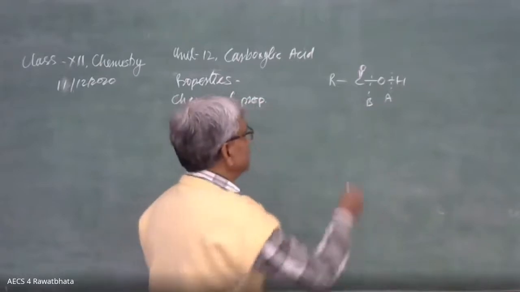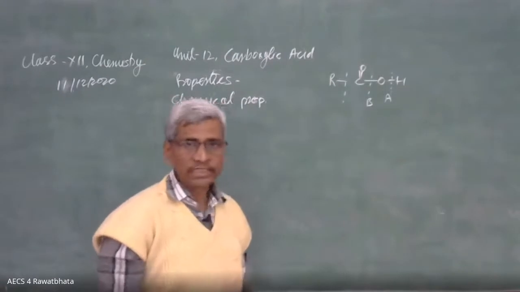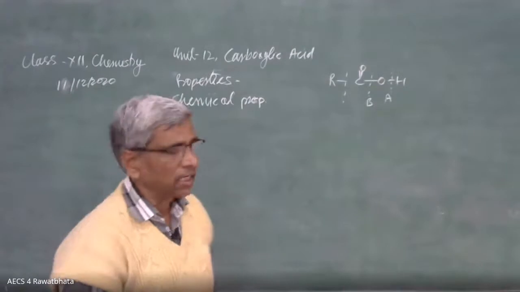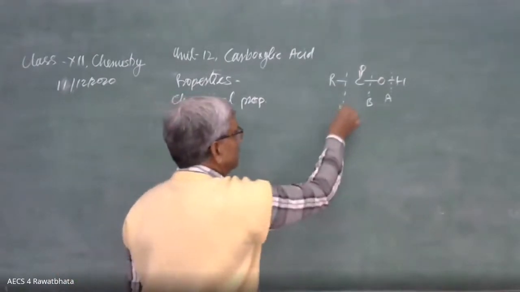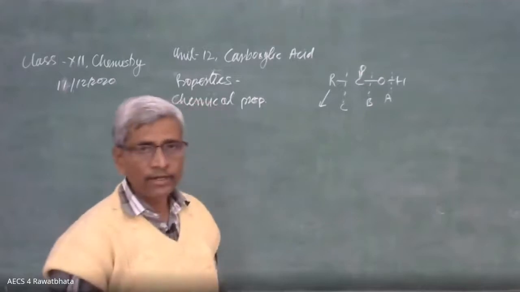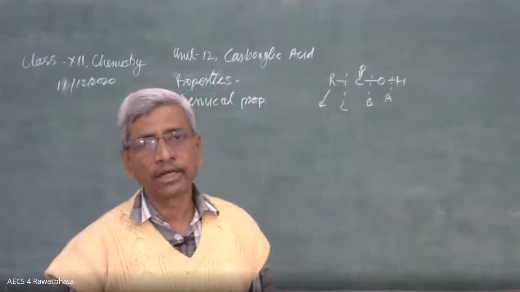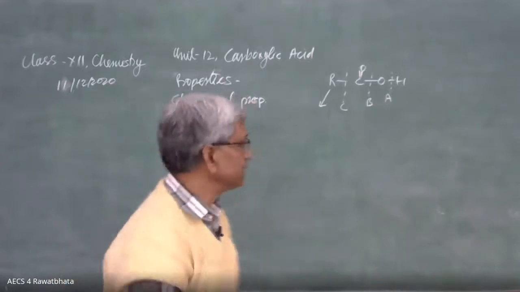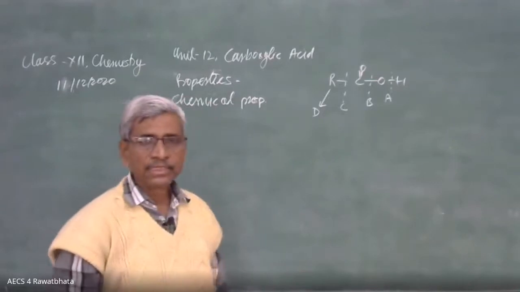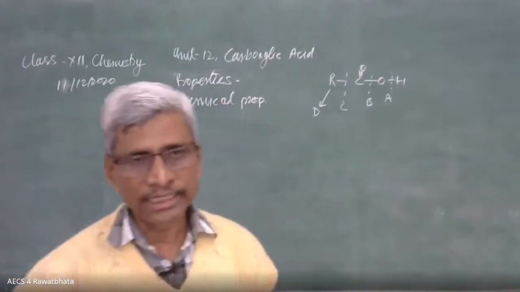And another, reactions involving the complete COOH, decarboxylation, such types of reactions, that is the C type of reaction. And the fourth type of reaction is where either the alkyl group in aliphatic or the aryl group in aromatic carboxylic acids participates. That is the D type. These are the 4 different types of reactions shown by carboxylic acid.